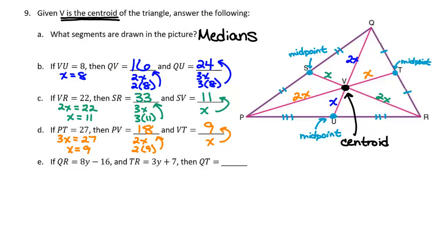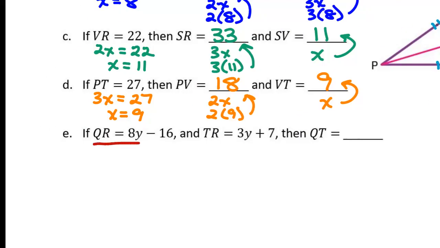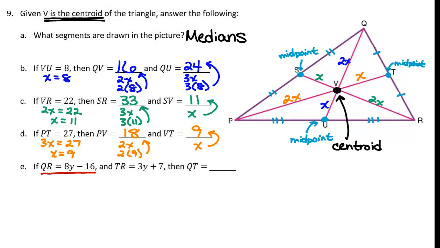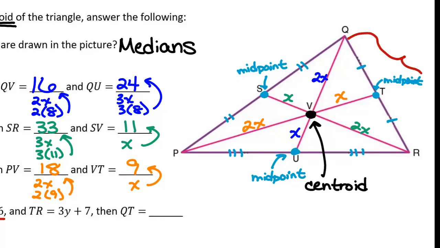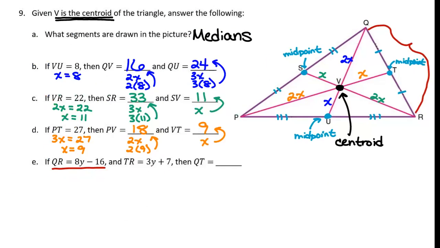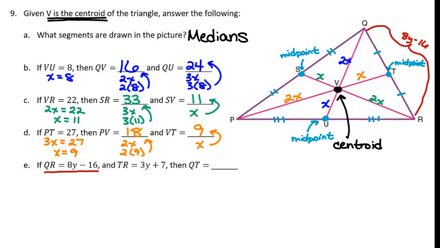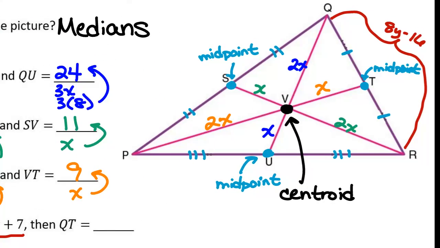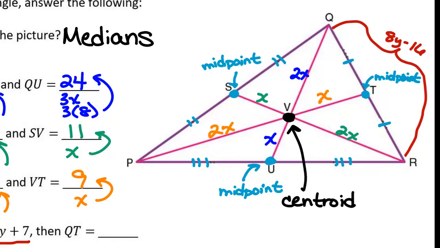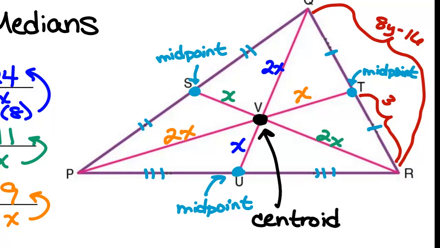All right, last part. Says QR is 8Y minus 16. QR is this whole thing right here. 8Y minus 16. And TR is 3Y plus 7. That would be this right here. 3Y plus 7.